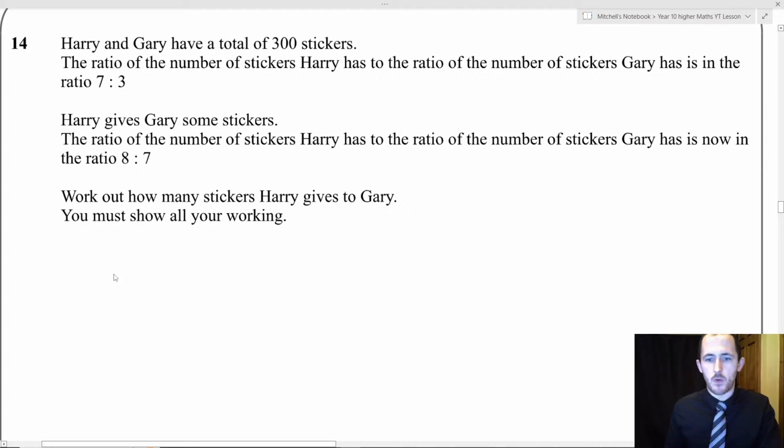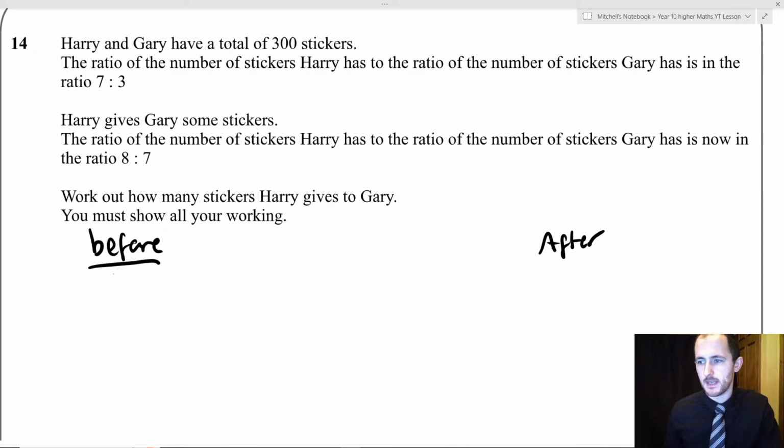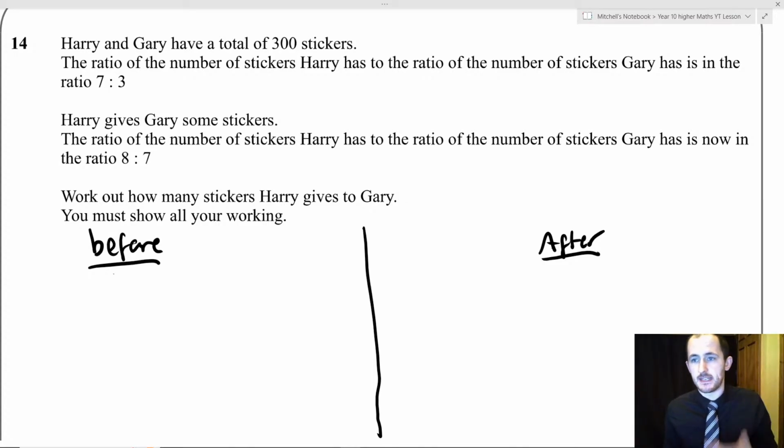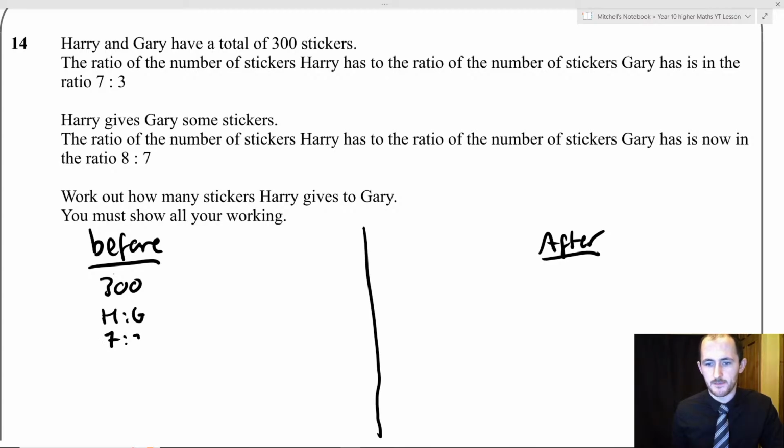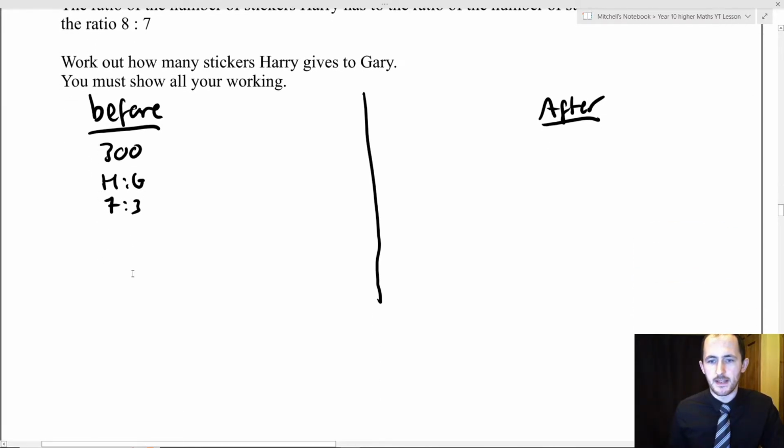Okay, so what I'm going to do is I'm going to write before and after. And let's see if we can work this out. So before, we can quite easily work out how many stickers Harry and Gary have, right? So before they have 300. And the ratio of H to G is 7:3. So Harry is going to have 7/10 times 300.